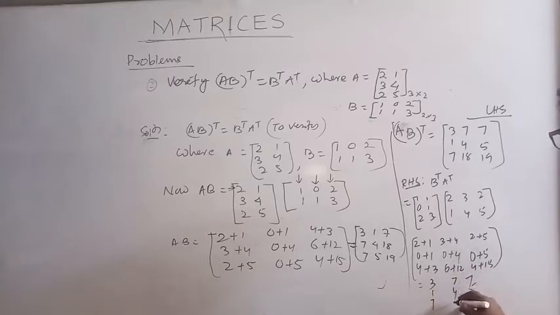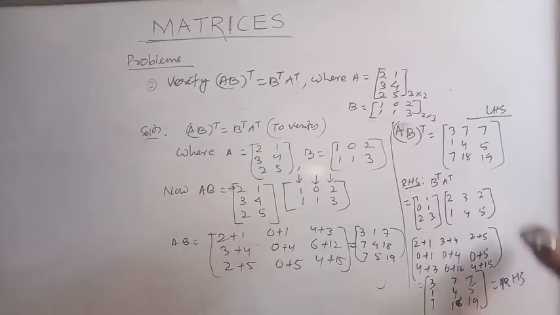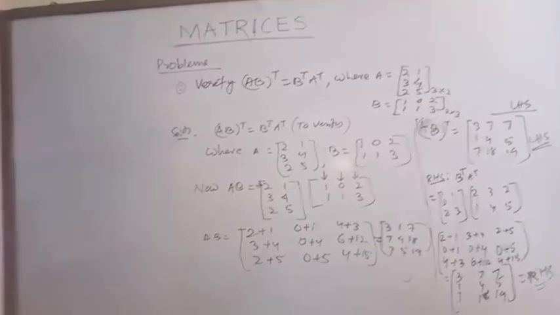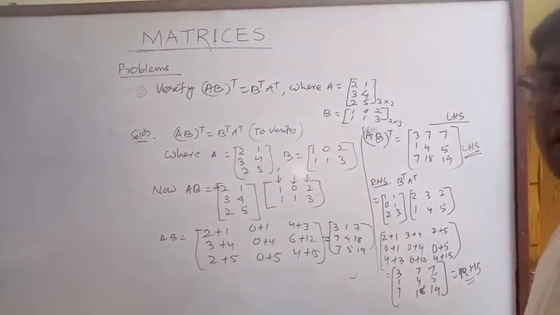This is 18 and this is 19. So this is the RHS and this is the left hand side. LHS is equal to RHS. Okay, LHS is equal to RHS. Clear?